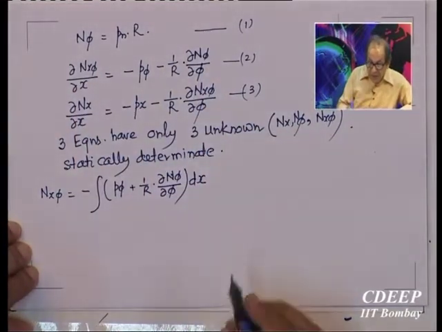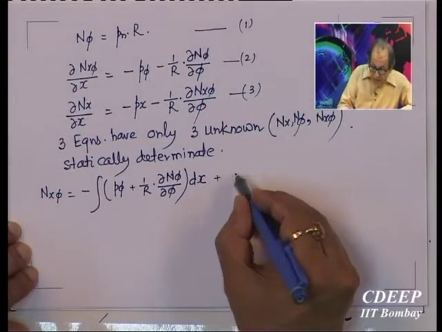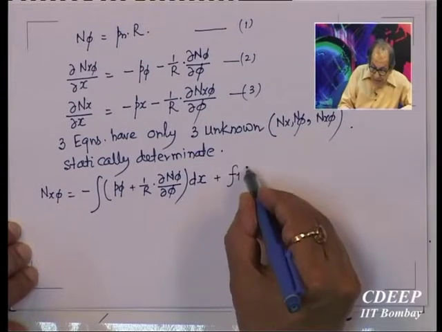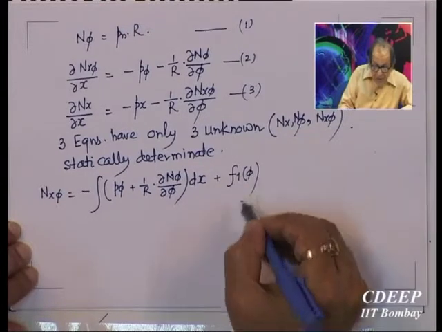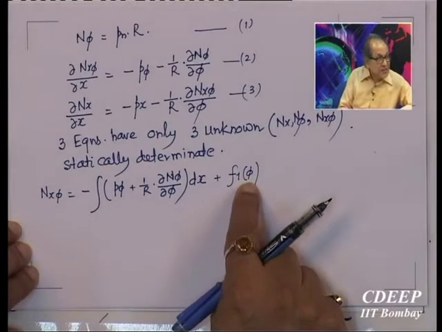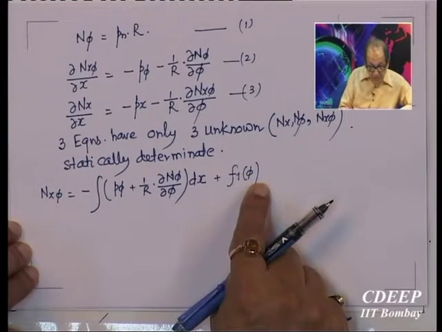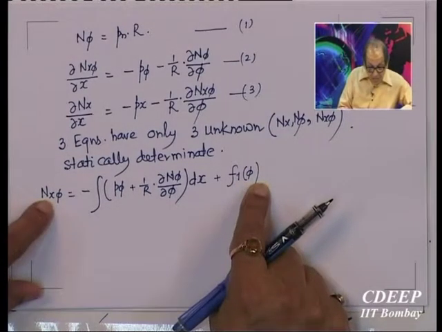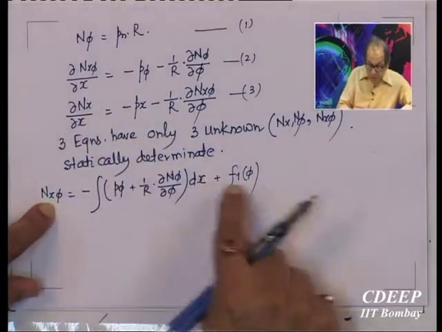This is the second equation I have taken, and plus there will be some constant of integration, which will be a function, because you are integrating with respect to x. So it should be some function of phi, which is a constant. After integration, if you differentiate this with respect to x, it must be 0.